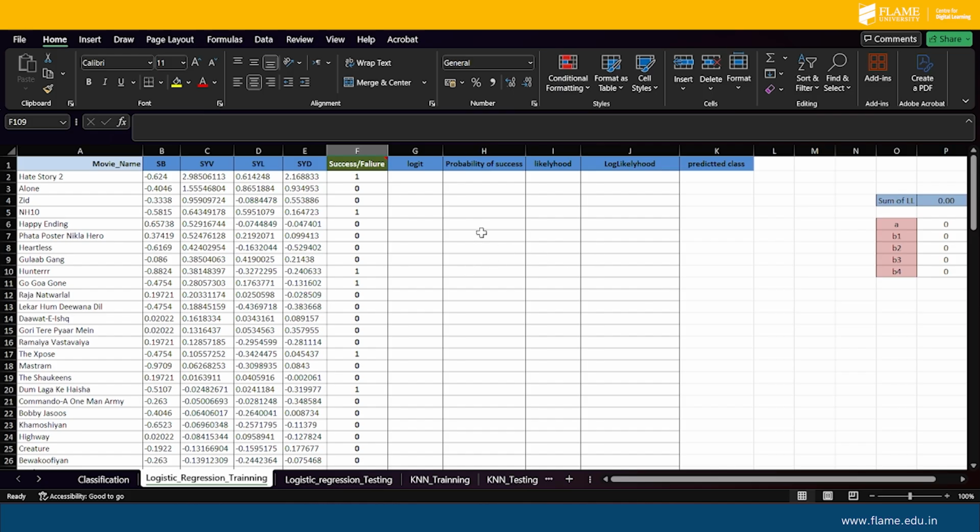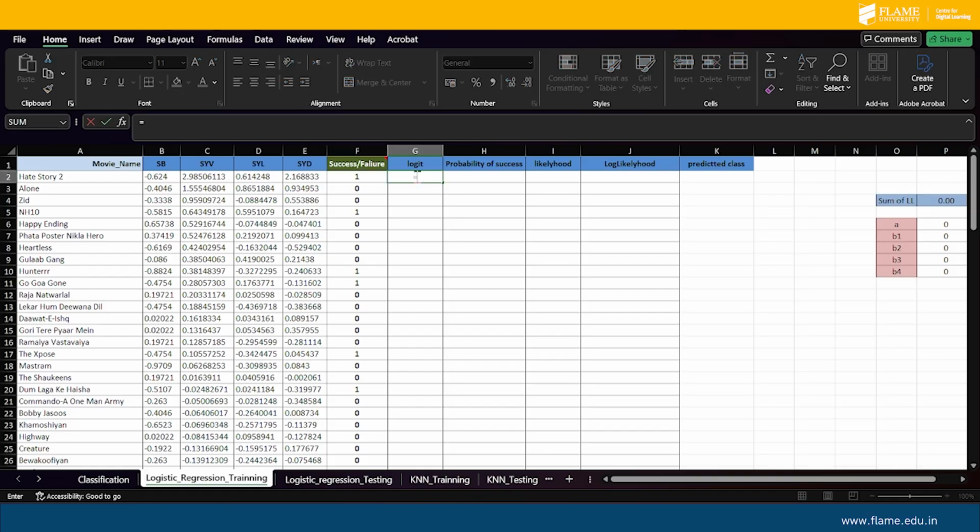Now first let us just calculate this portion, and then we just remove log from both sides, as we can consider p divided by 1 minus p equal to e to the power a plus b1 into x1, b2 into x2, b3 into x3, and b4 into x4. So that part we will calculate over here.